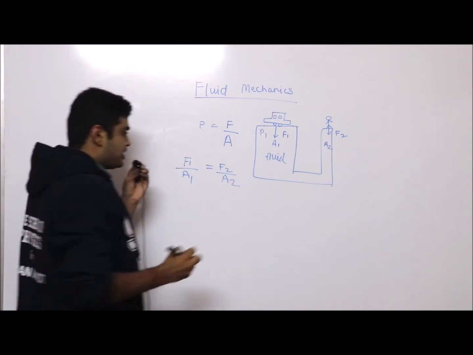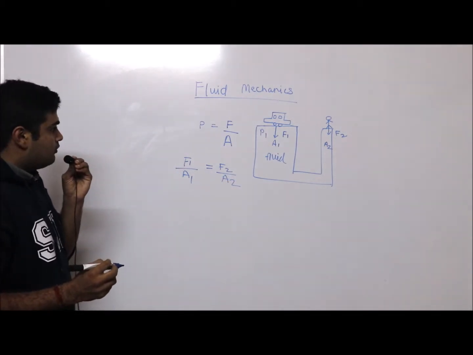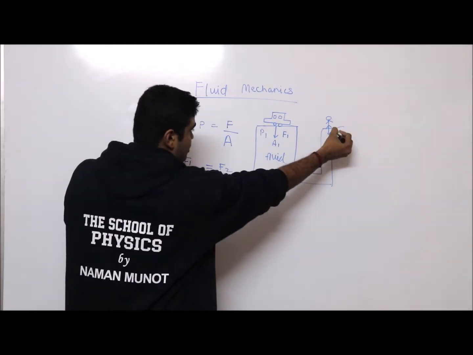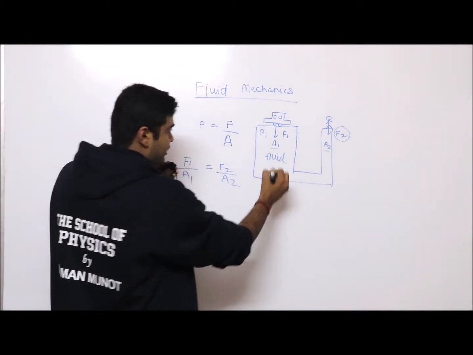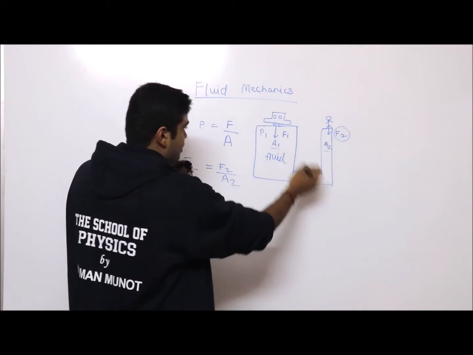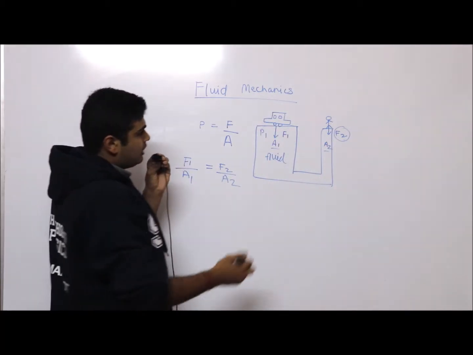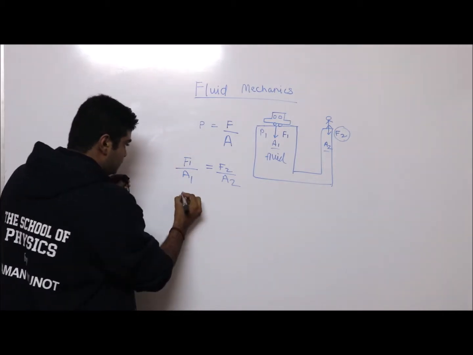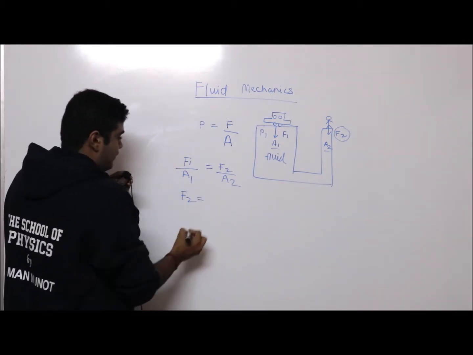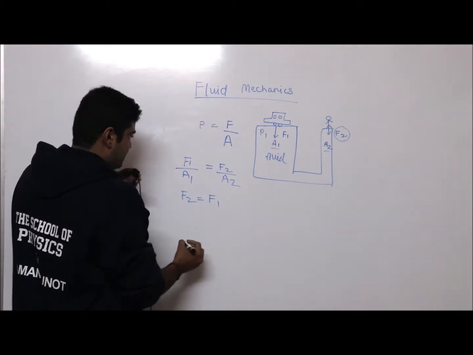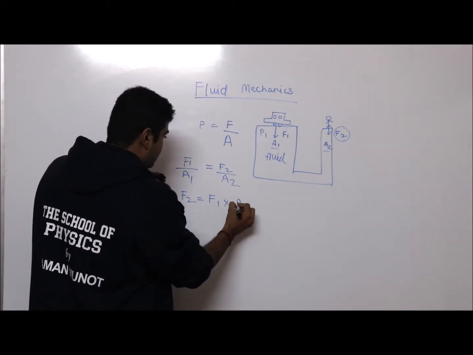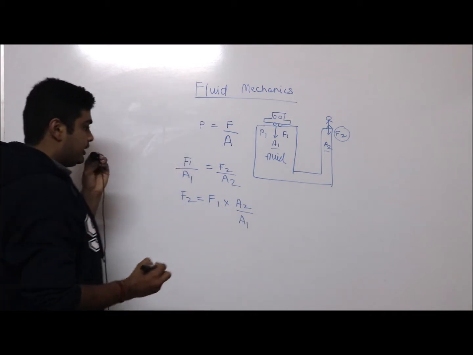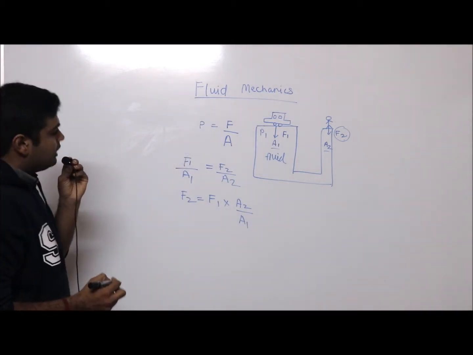This will be a direct question asked. It will be asked, what should be your force, given the areas A1 and A2? What should be your weight so that you can lift up a car of weight F1? So F2 then becomes F1 into A2 by A1.